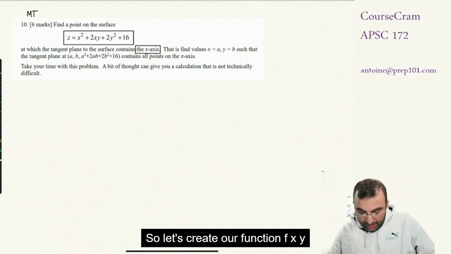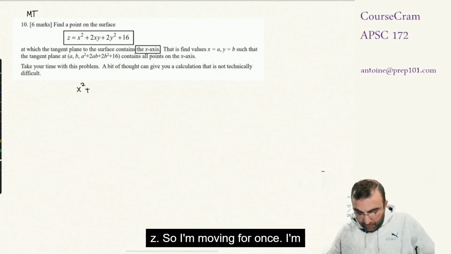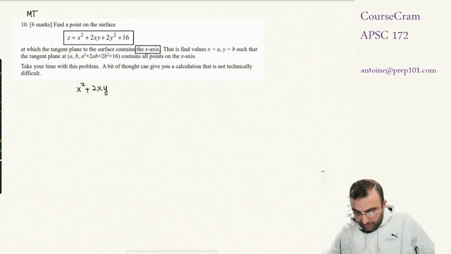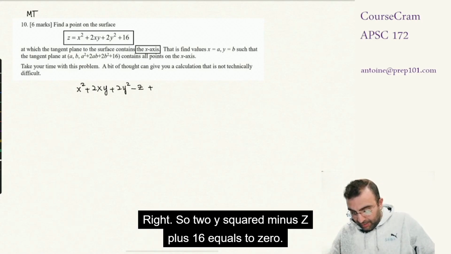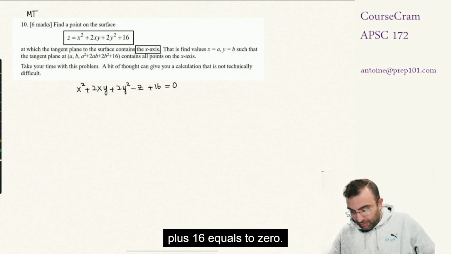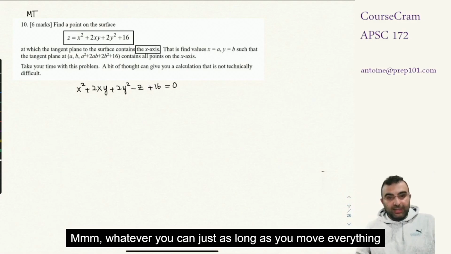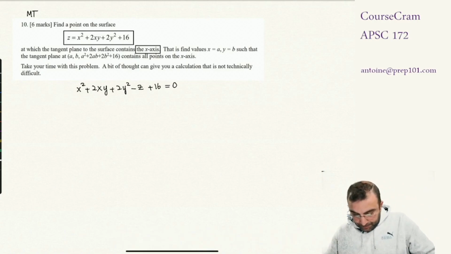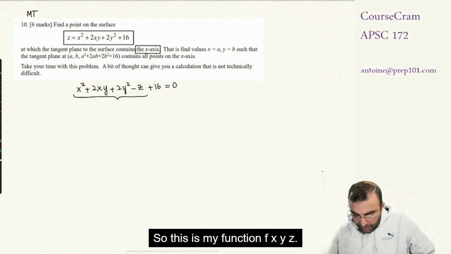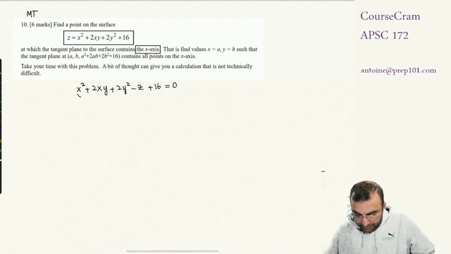So let's create our function f(x,y,z). For once I'm moving the z over, right? So x squared plus 2xy plus 2y squared minus z plus 16 equals 0. Whatever, as long as you move everything to one side and make it equal to a constant. So this is my function f(x,y,z).